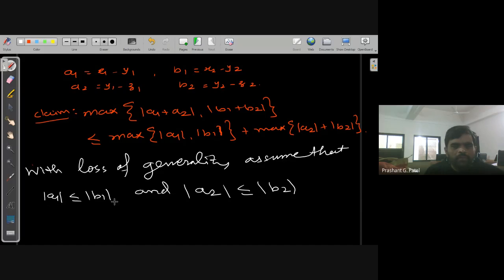See, a1 and b1 are two numbers, so any one of them is bigger than the other. So that's why I may assume this, and in the same way this.